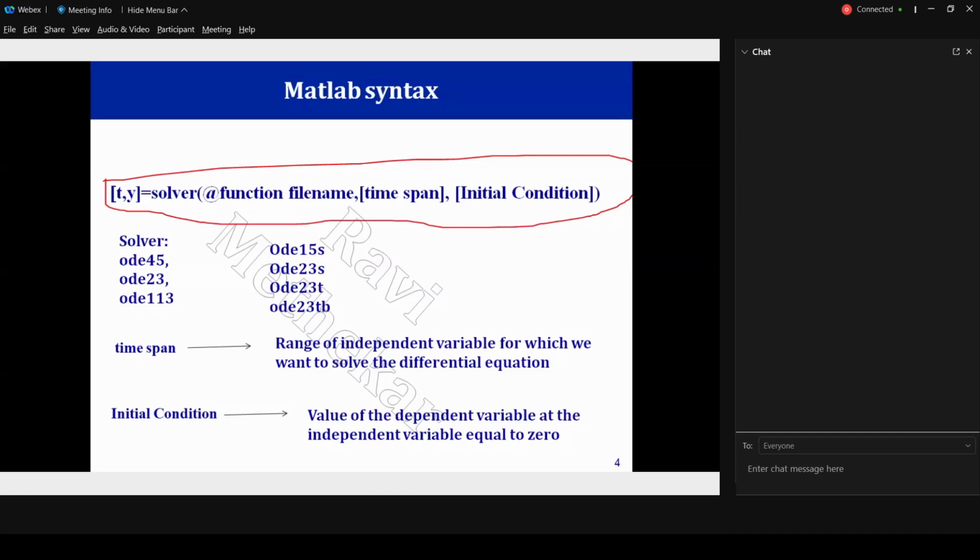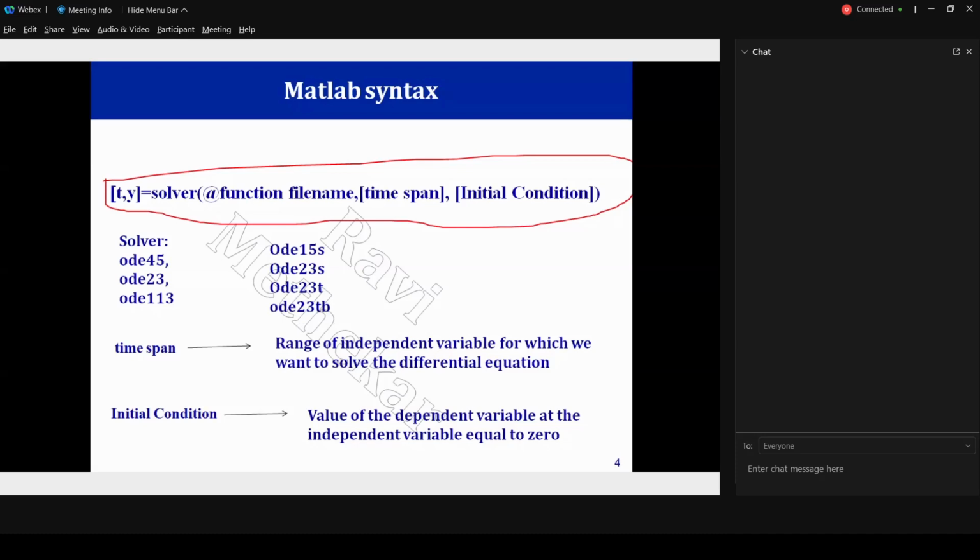What solvers are available in MATLAB? There are a lot of solvers available in MATLAB: ODE45, ODE23, ODE113, ODE15s, ODE23s, ODE23t, and ODE23tb. There might be more. ODE45 is based on RK45.